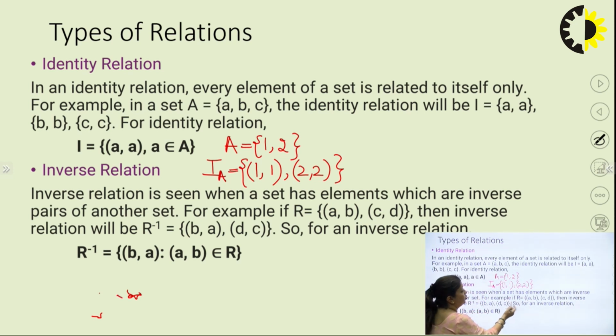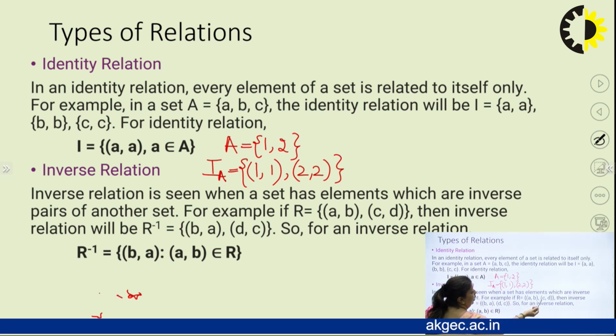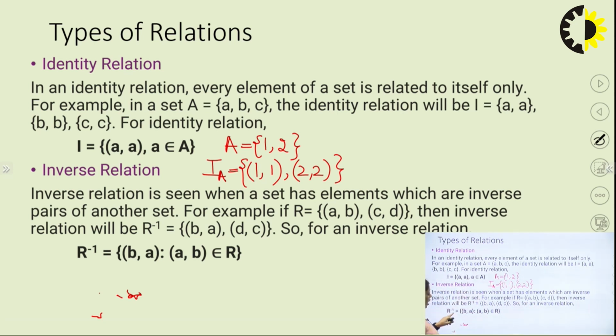So R inverse will contain (b, a) and (d, c). In general, if we define R inverse, this is nothing but (b, a) such that we have an (a, b) pair which belongs to relation R. So this is known as inverse relation.